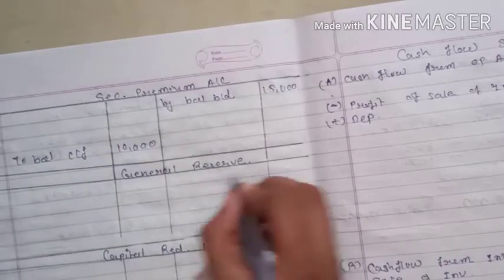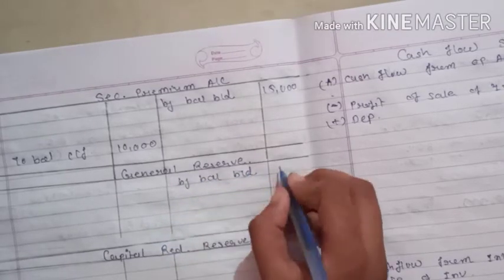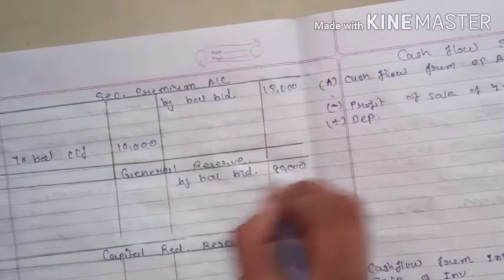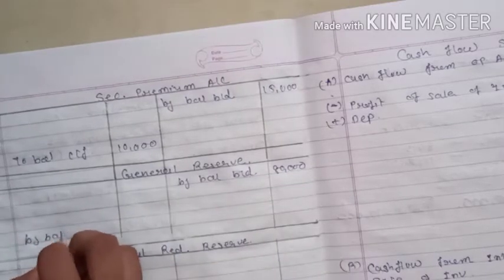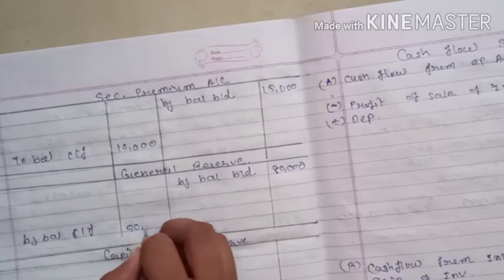Then general reserve, by balance brought down 80,000, and by balance carried forward 50,000.